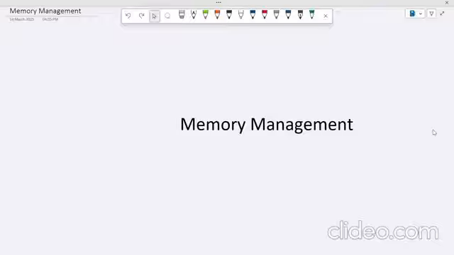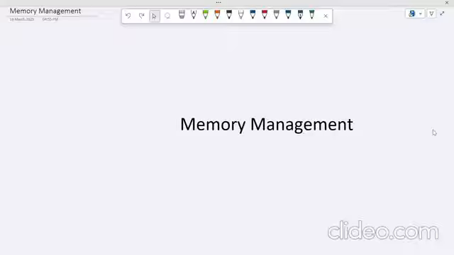In a computer system, memory is limited and we have to put all the processes simultaneously in the memory. So it's very important to manage the memory so that our processes work simultaneously without any difficulty.